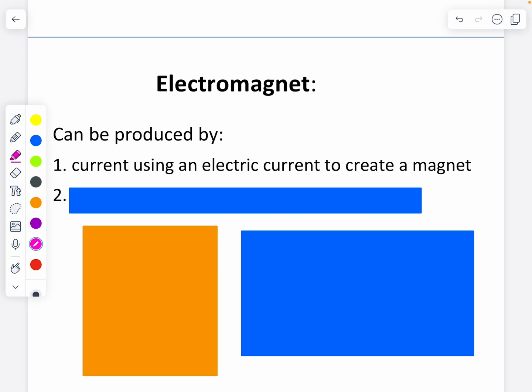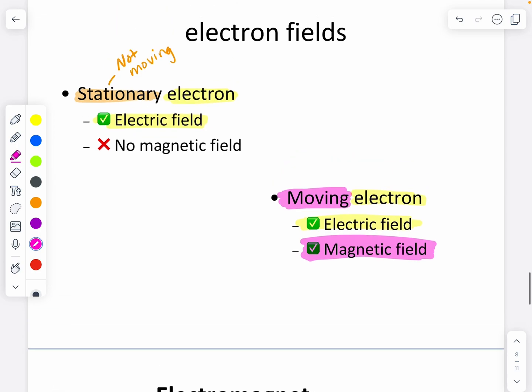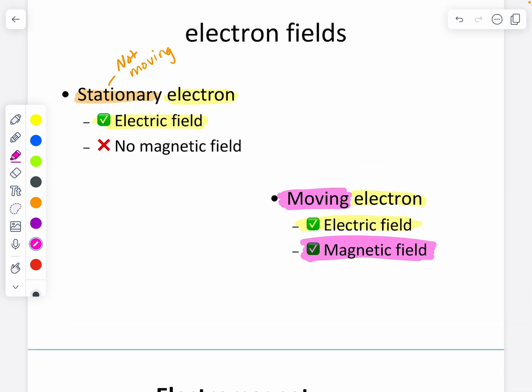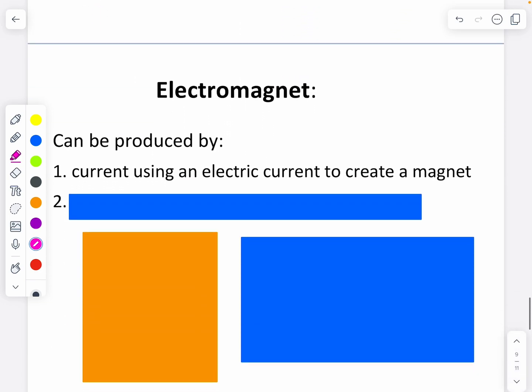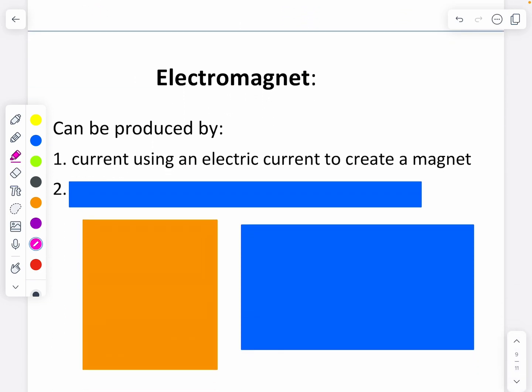An electric current is just a phrase that means that we have moving electrons. Now, if you understood the conversation on this slide, then you already know moving electrons are going to create magnetic fields. So this is why it says that we're going to use the electric current, which means moving electrons. That's a vocabulary word for the next chapter.